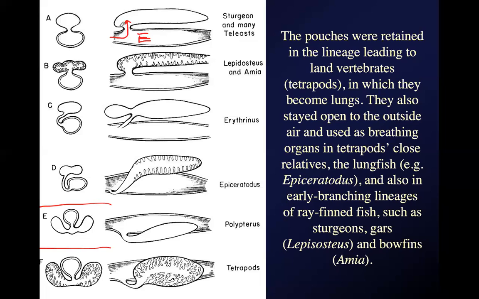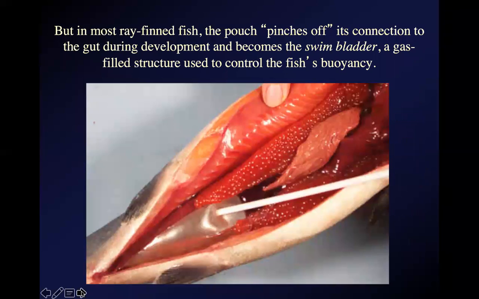That's called being physostomous. They can still gulp air and pass it into that bladder. But in most ray-finned fish, that pouch pinches off completely. It's called being physoclistous.